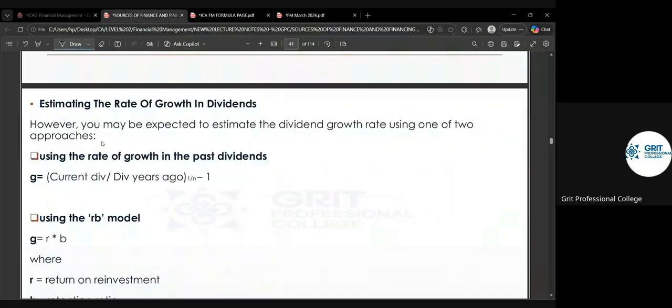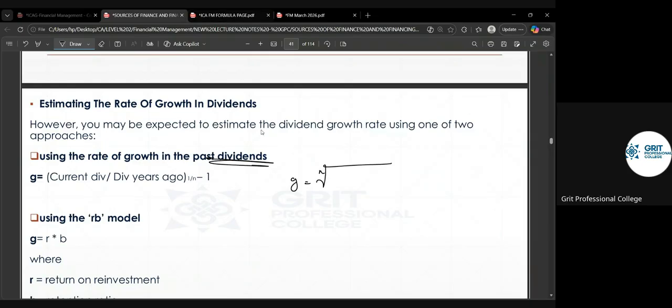So we have, using the past dividends of the company, we can estimate or project what the growth rate in the company's dividends is. And the formula basically is the nth root.